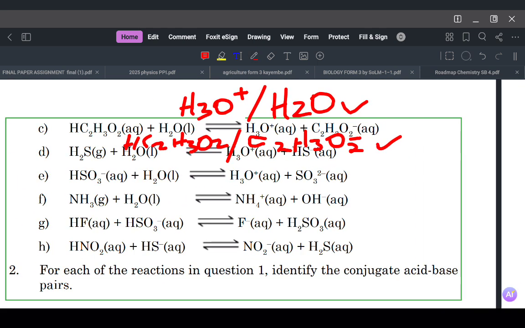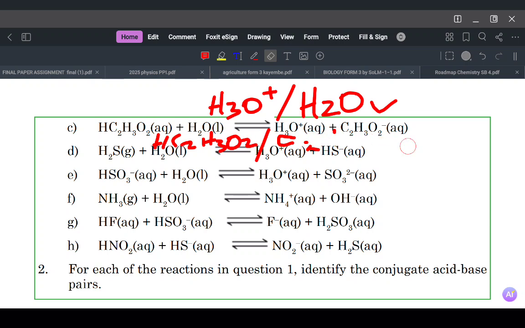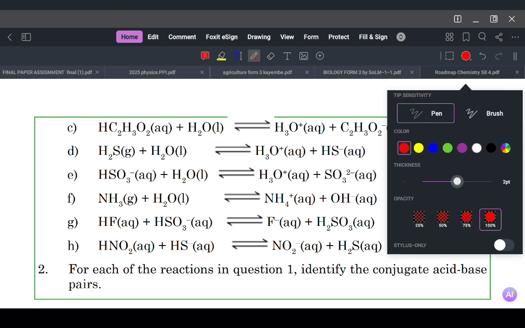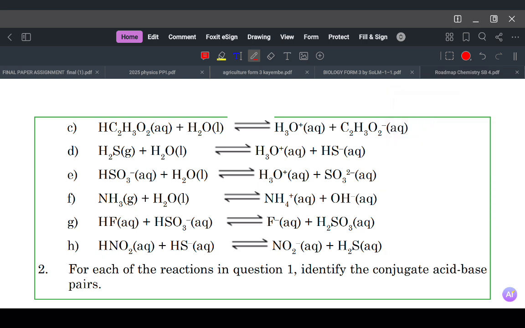All right, let's look at D. So you identify the species that differ only by hydrogen. All right. If you look at hydrogen sulfide, this one here, and the monohydrogen sulfide, these two also differ by hydrogen.